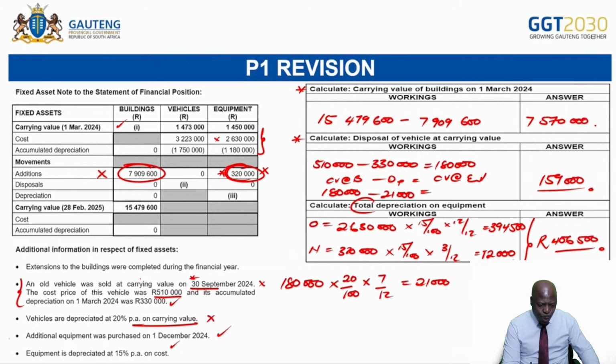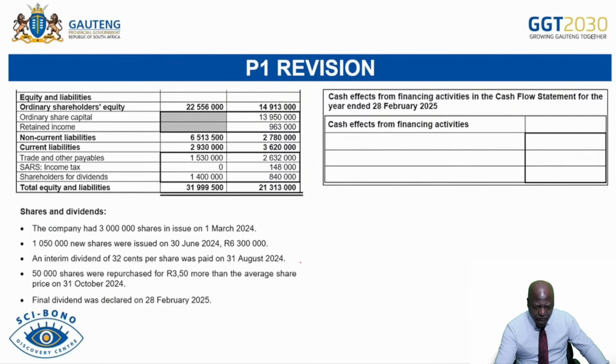An asset was sold at carrying value. So that would go as proceeds from disposal of fixed asset. So remember, you need to know this as it will assist you in doing your investing activities of the cash flow. Okay, I'm going to move on to the next one.